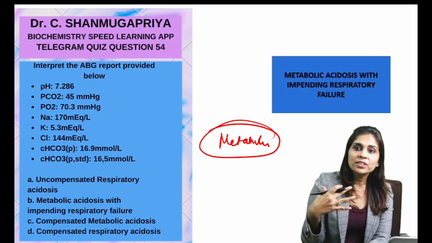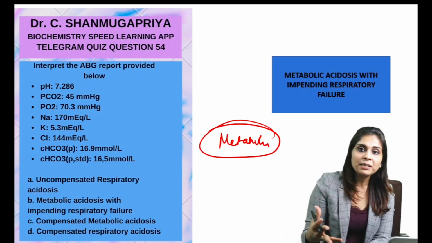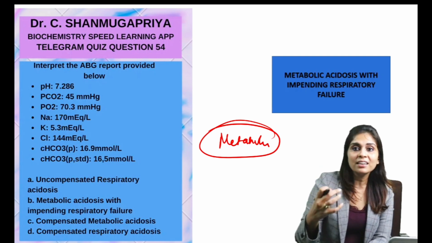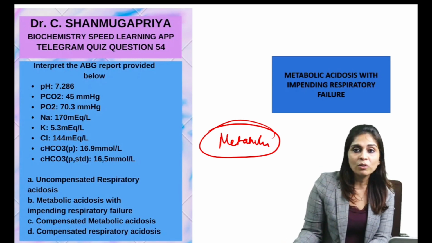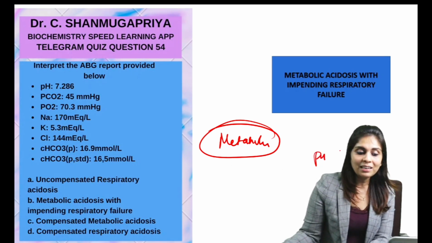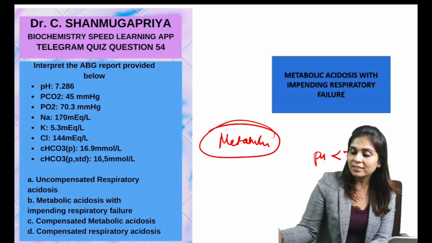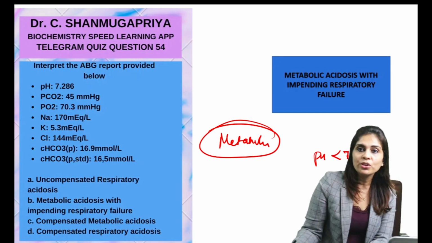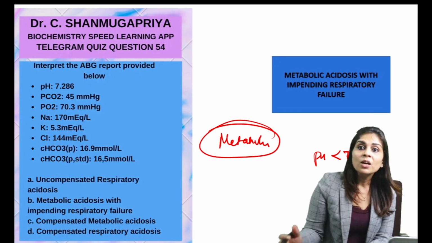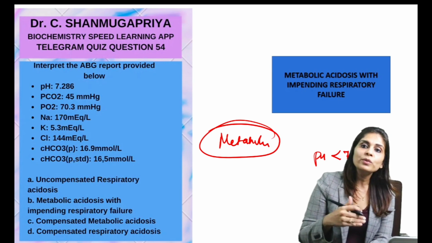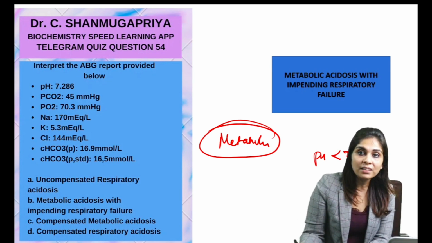That's why we are not going to start bicarbonate therapy for anybody with metabolic acidosis. There are a few guidelines for starting bicarbonate therapy, one of which is pH should be less than 7.2. When the normal is 7.4, until it's reduced from 7.4 to 7.2, you're not supposed to start bicarbonate therapy. Only when it falls below 7.2, we say bicarbonate therapy can be initiated.